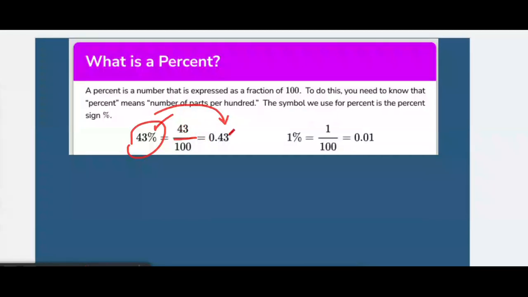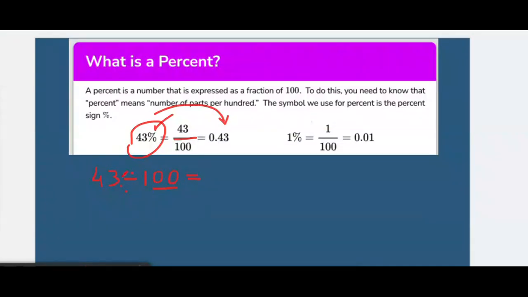Now how do we get 0.43? Look over here now. 43 divided by 100. If we need to divide a number by 100, there is no decimal in 43, so we can write a decimal over here, and this 100 has two zeros.